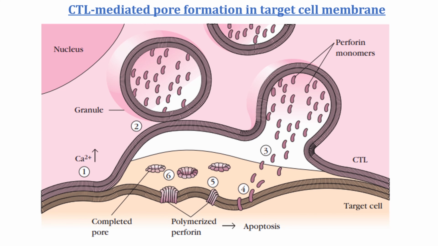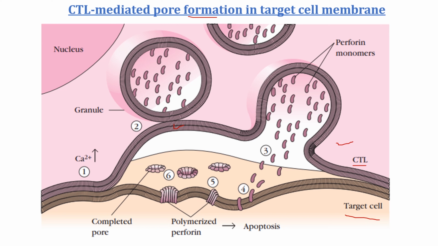Cell-mediated pore formation in the target cell membrane. Once the granules release their contents at the synapse, this is the CTL, the cytotoxic lymphocyte, and this is the target cell, with the membrane of the CTL and the target cell membrane. The granules fuse with the plasma membrane and, through exocytosis, release perforin monomers and granzyme.